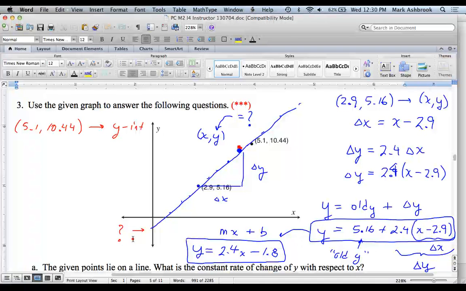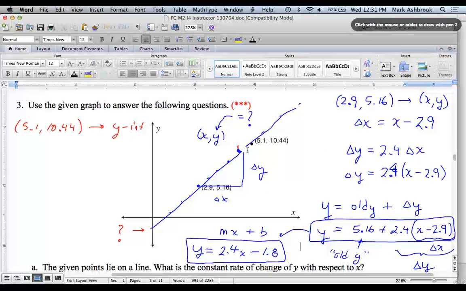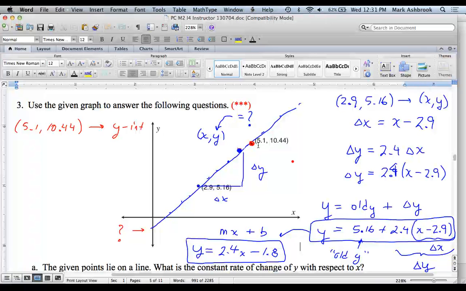Pretend you don't know it's negative 1.8. Oh, sorry. Not there. You're starting here. Starting at 5.1, 10.44. Our final position is the y-intercept, and that's what we're trying to find.